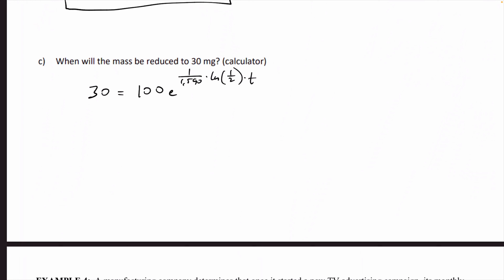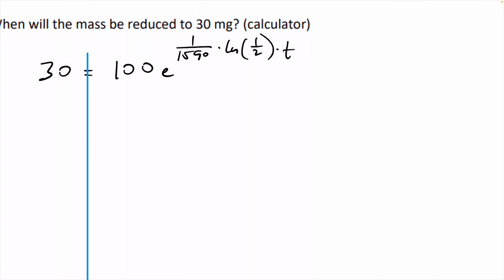What is this variable? So now we've got to solve for t. Kind of like we did earlier with k, because t is up in the sky, we've got to do the same thing, right?